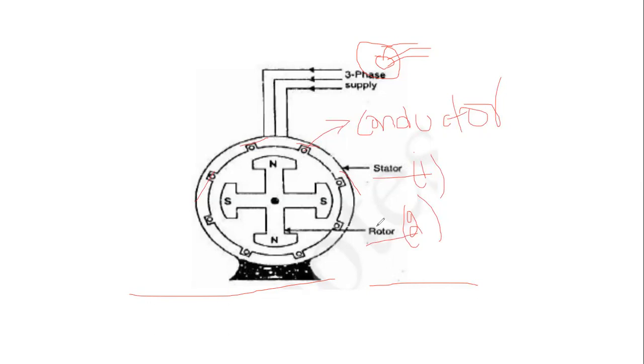The stator consists of a number of slots, each having conductors, and the three-phase supply is given to the three-phase stator winding. Next, this is the rotor, a four-pole structure with two north poles and two south poles. This is the yoke that gives support to the machine.